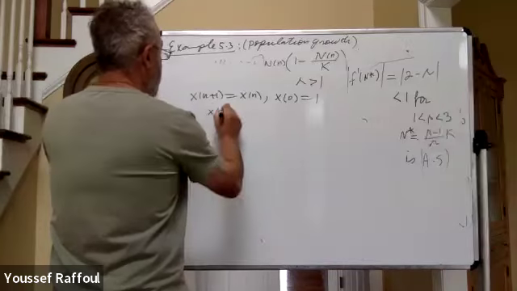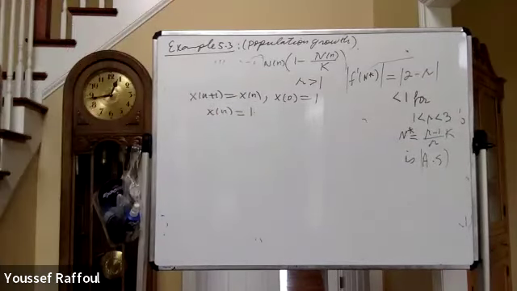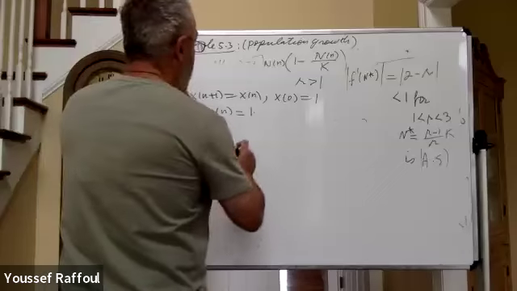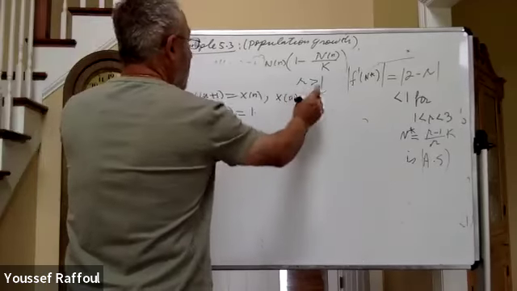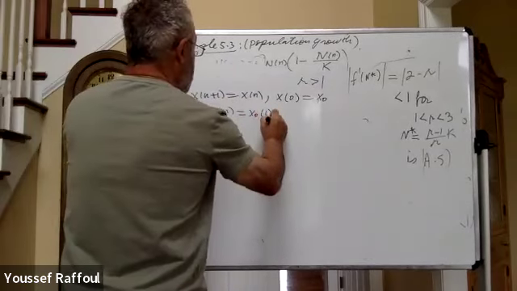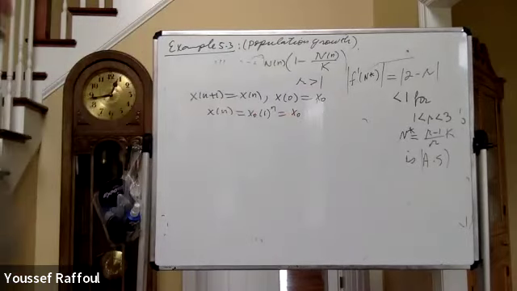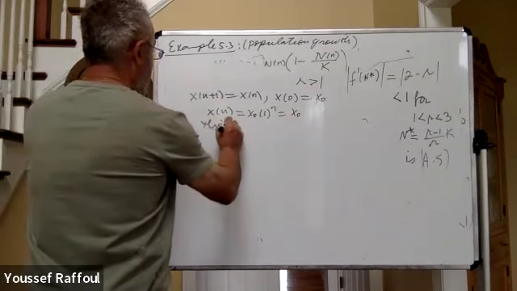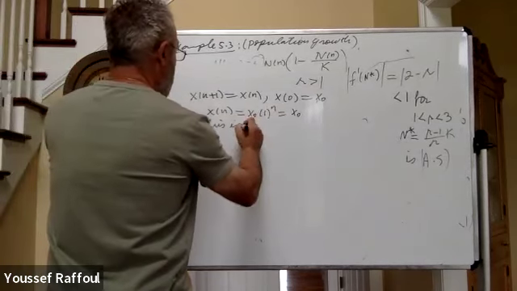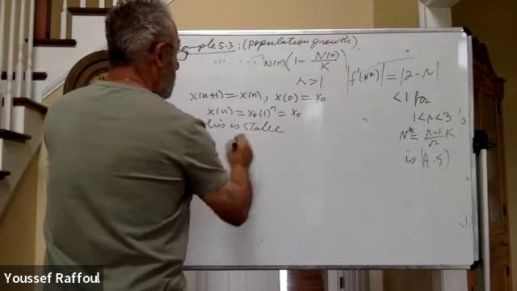So what is the solution to that? The solution is x_n equal to 1. Let's say x_0 equal x naught. So x_n is x naught times 1 to the power n, and that is x naught, correct? So this is stable. So x naught is stable.